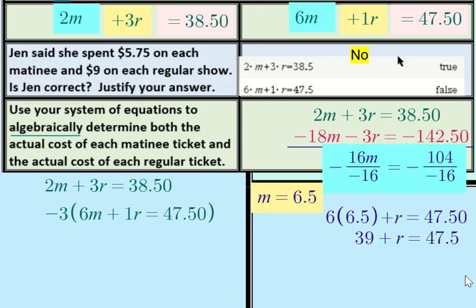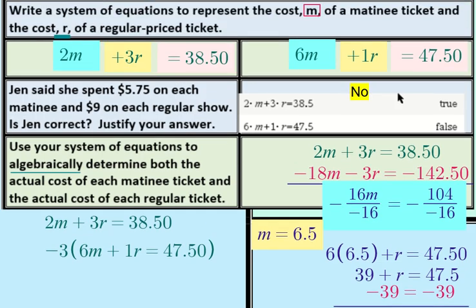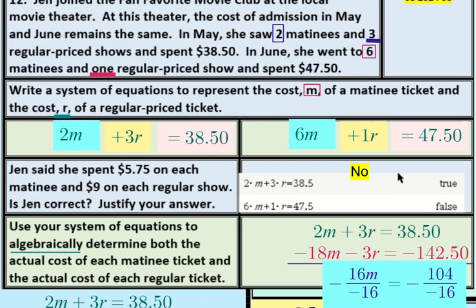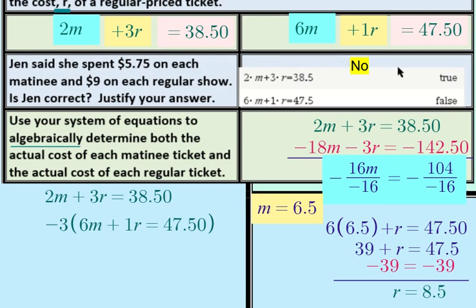So now I'm going to subtract that 39 from both sides of my equation. My result is 47.5 minus 39 is 8.5. So a matinee ticket costs $6.50. A regular ticket costs $8.50. And that's full credit. That's how we get all the points for this question, which was a 6-point question.